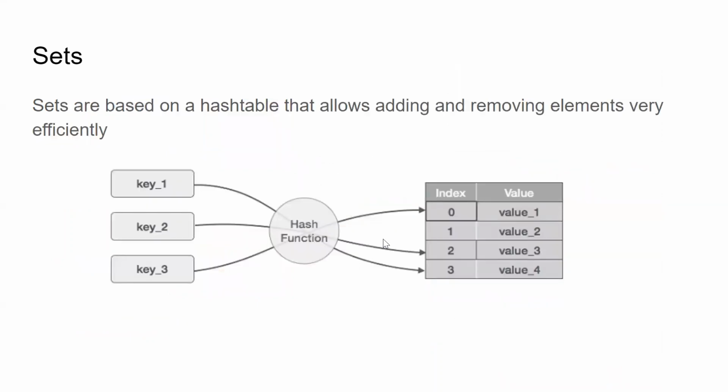So the trick that allows us to find an element fast in the set is called a hash function. Basically, a set is an array inside, and you know that an array has index and value. But our set has only keys. The hash function allows us to efficiently find the index where we should store our key.